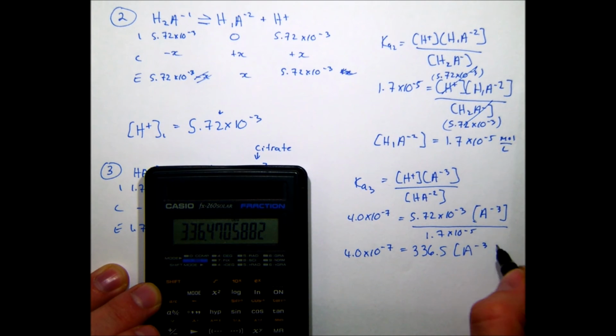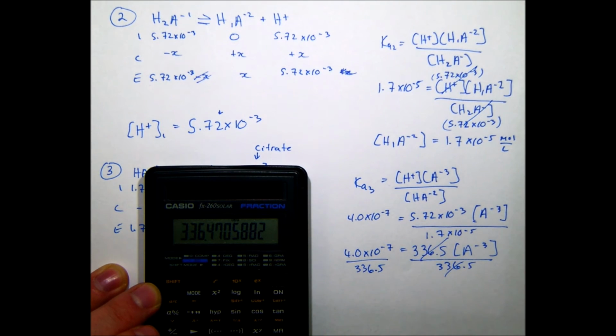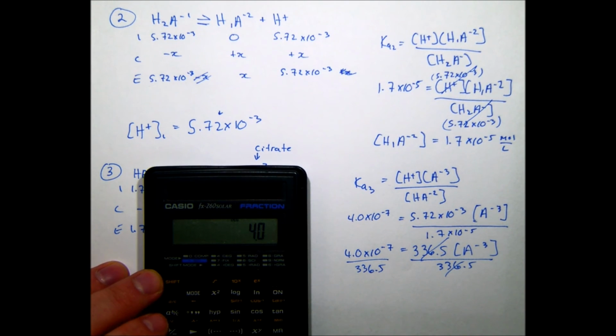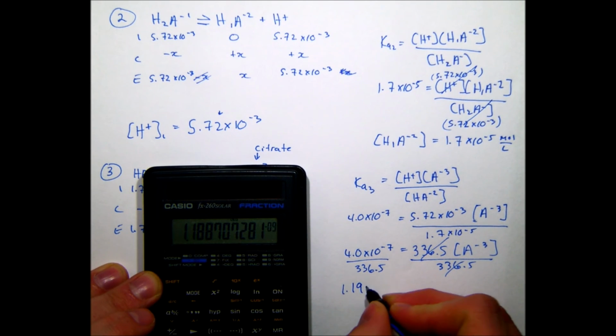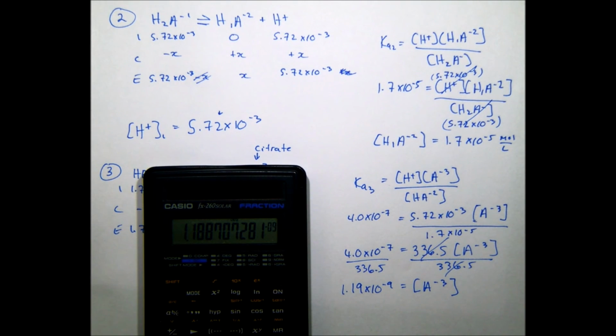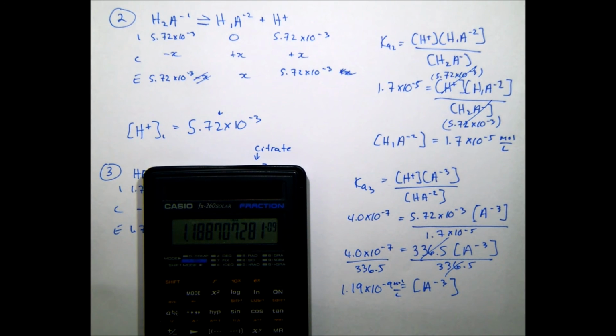So A minus 3 is 4.0 times 10 to the negative 7 divided by 336.5. So 1.19 times 10 to the negative 9 is the concentration of A minus 3, and that's in moles per liter.